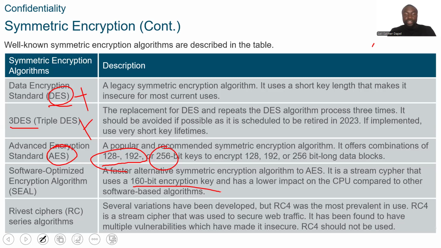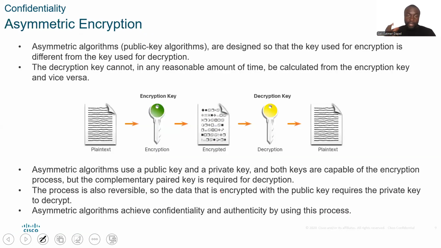Several variations have been developed, but RC4 was the most prevalent in use. All right, so it's also a stream cipher that was used to secure web traffic. So you see, the stream cipher is most of the times used especially for data in transit. That's where it comes in very handy.